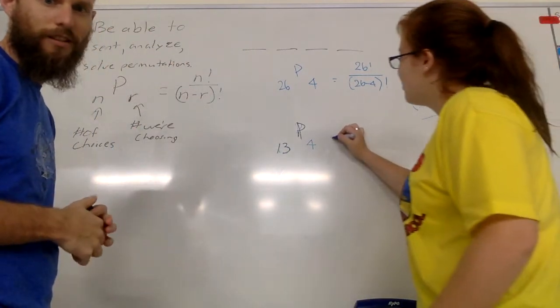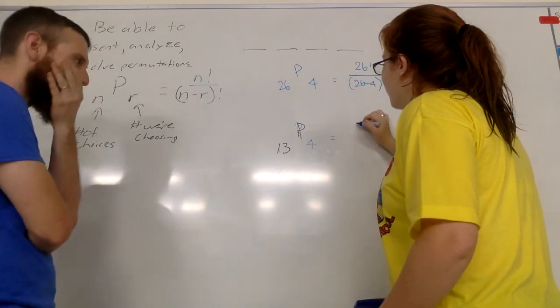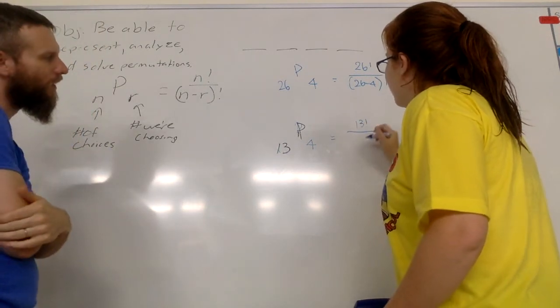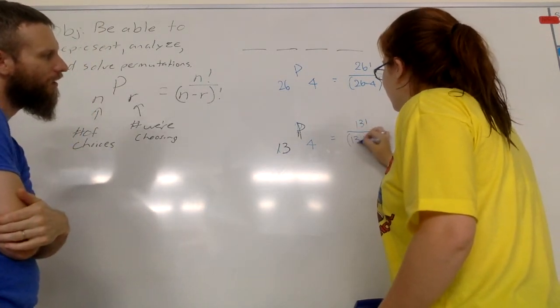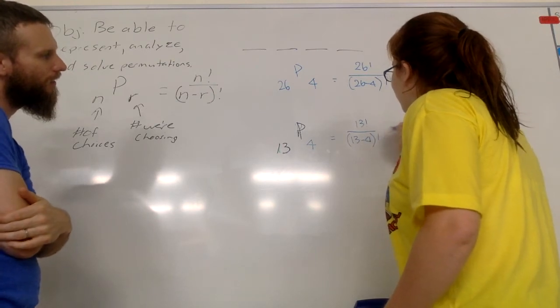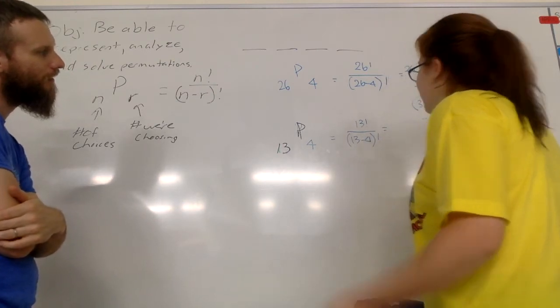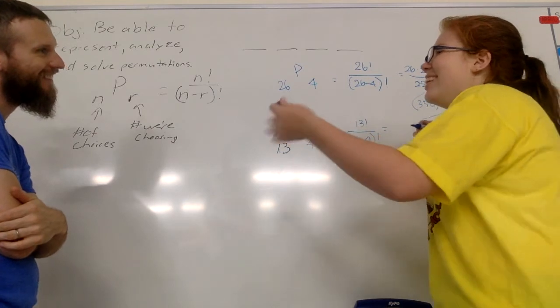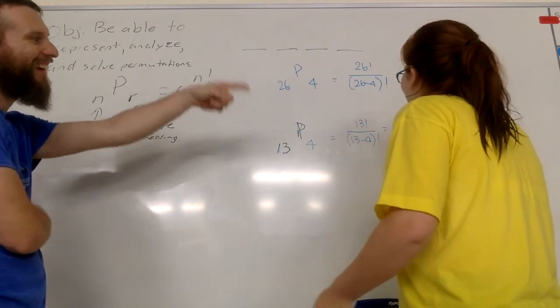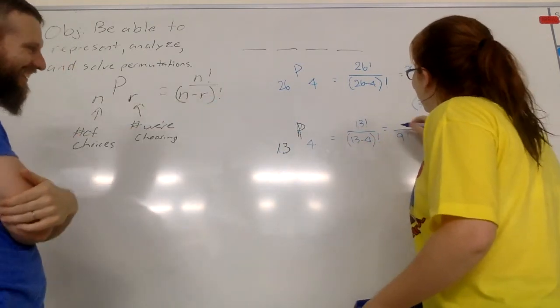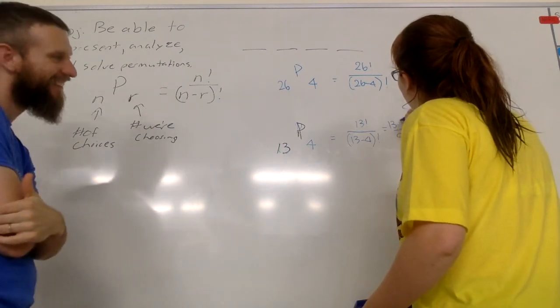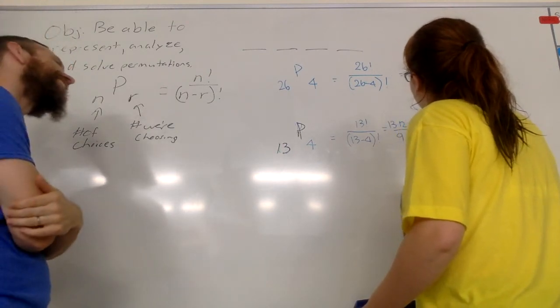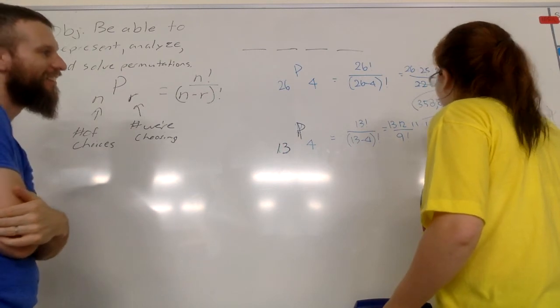So this can also be written as 13 factorial over 13 minus 4 factorial, and 13 minus 4 is 9. So 9 factorial, and then 13 times 12 times 11 times 10 times 9 and so on.